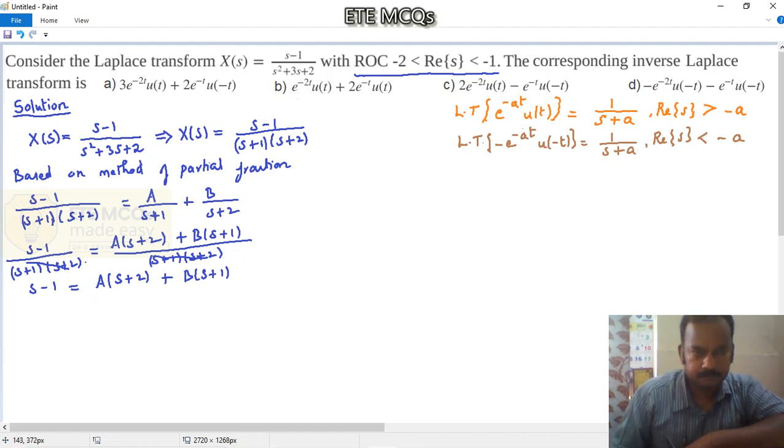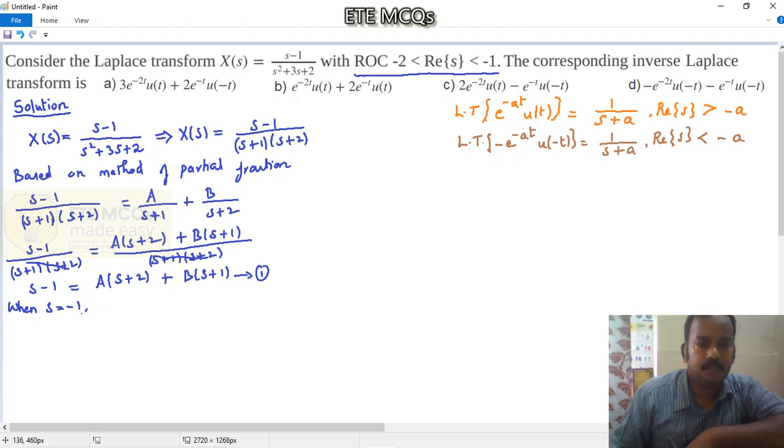Now, in order to find A, let us substitute s equal to minus 1. Let me take this as equation number 1. In equation 1, I am substituting s equal to minus 1.